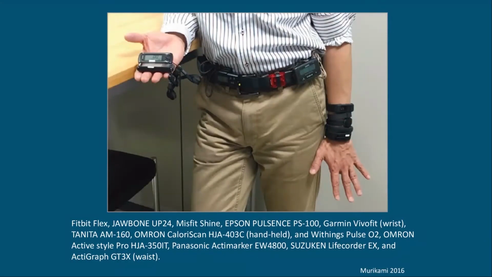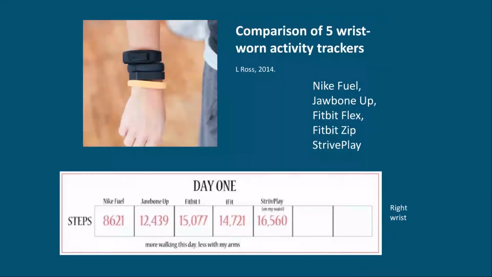There've been numerous other studies that have looked at wearable devices all at the same time. Can you only imagine this? I won't go into great detail here, but just look at the Nike Fuel, the Jawbone, the Fitbit One, the iFit, and the Strive Play. Look at the variances over the course of a day, from 8,000 to 16,000 plus step differences.